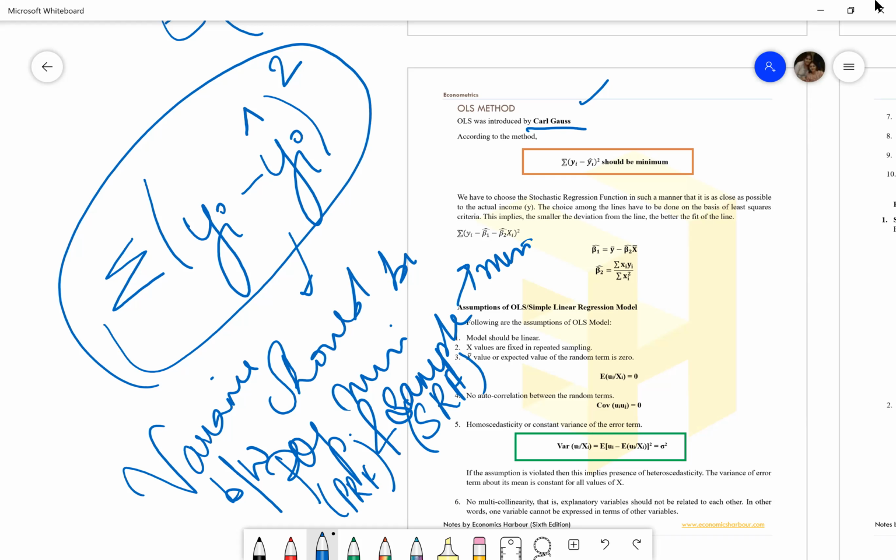The lesser the variance, the better the model, right? The difference between your population and your sample should be minimum, right? The square of it.